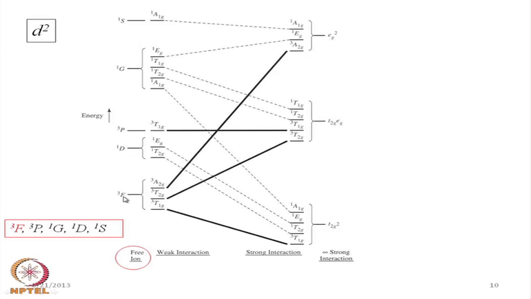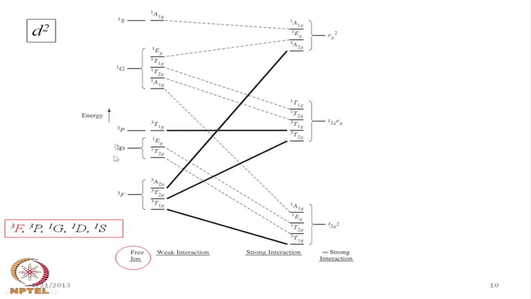So, F is the ground state, then D, then P, then G and S. And we all know that F can undergo splitting in terms of its irreducible representation in Oh crystal field, or Oh symmetry, the group theoretical symbol or notation. We can get the corresponding irreducible representations of this 3F in terms of 3A2g, 3T2g and 3T1g.